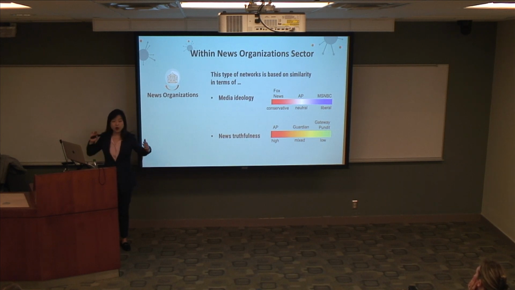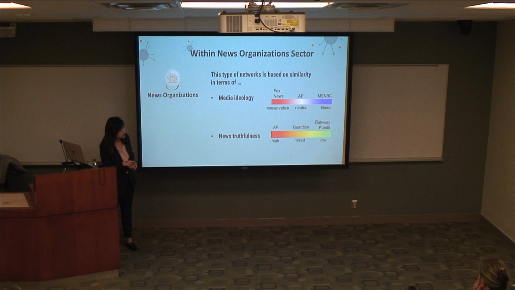We can map all news media onto these two continuums. For example, Fox News is more on the conservative side, MSNBC is more on the liberal side, but AP is at the neutral position. The closer the news media are on this continuum, the more similar they are in terms of media ideology.